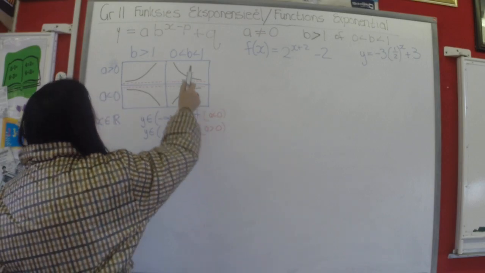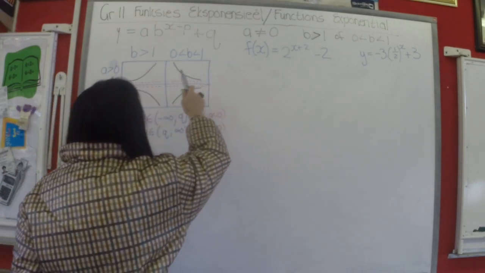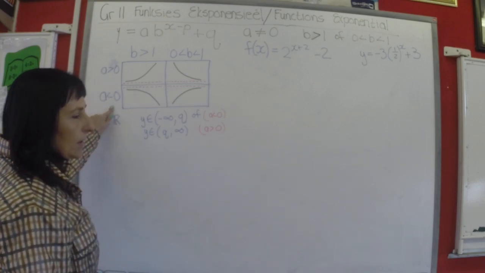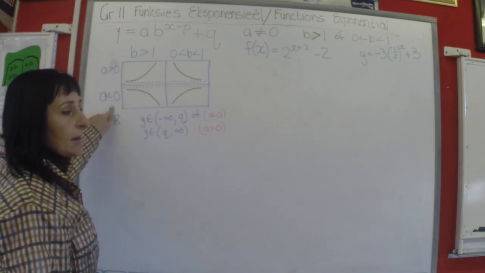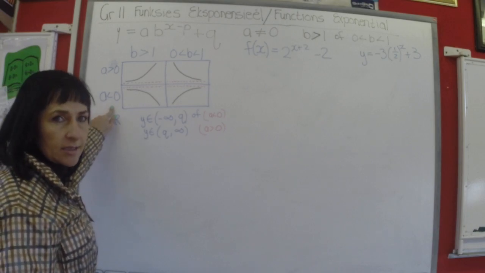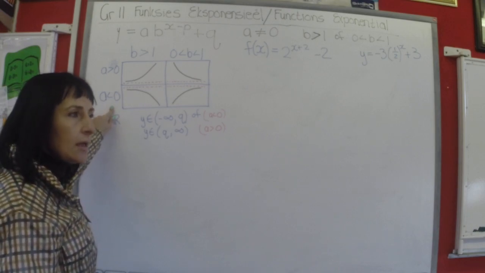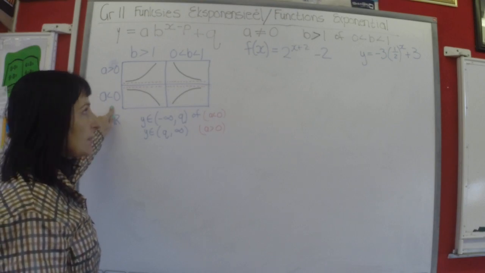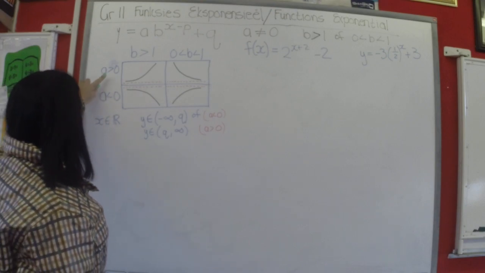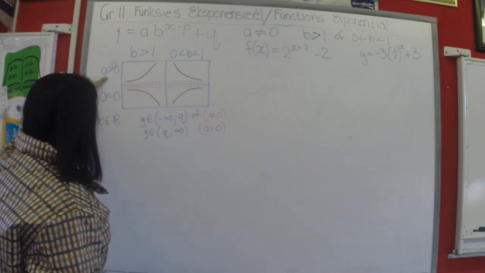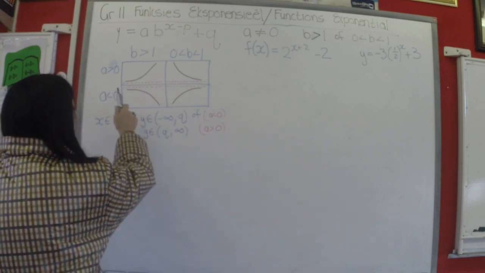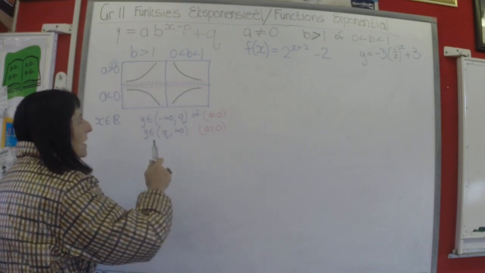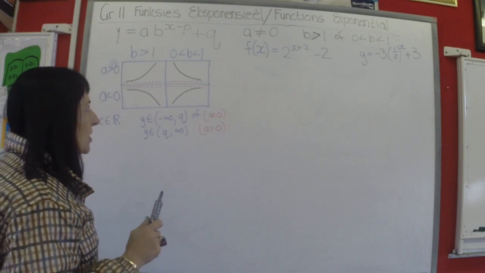So let's now look at the little table where we have the a and b values. This table, grade 11, is very important, because if you know it, it helps you tremendously when you must draw your exponential function, because the exponential function can be confusing sometimes. If a is greater than 0, look at this red dotted line that I've drawn over there, that's the horizontal asymptote.